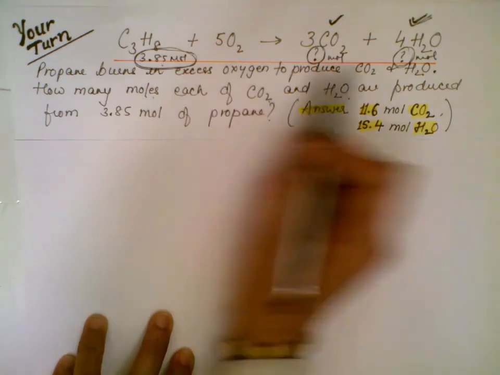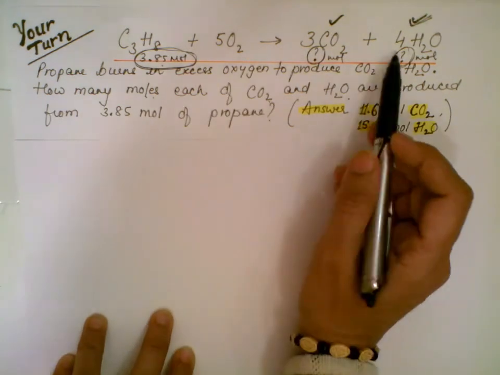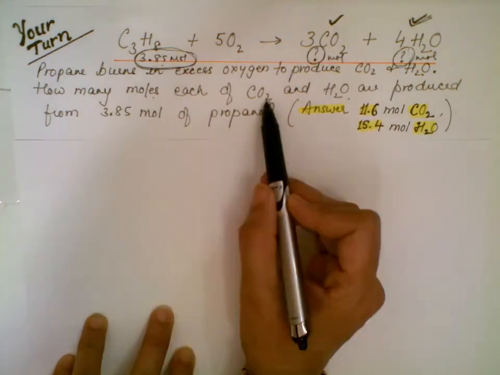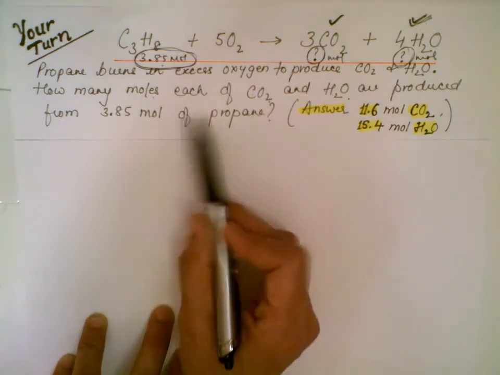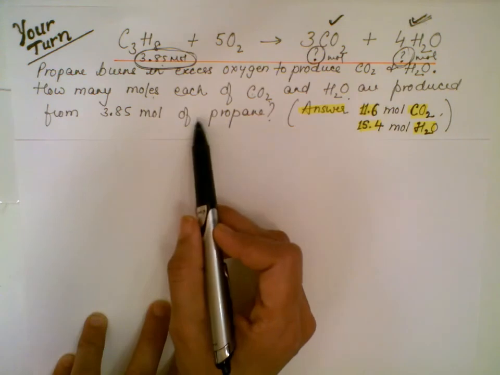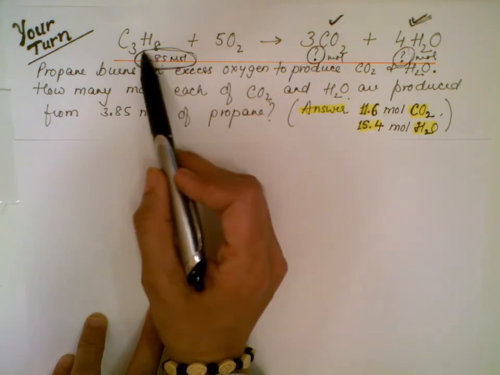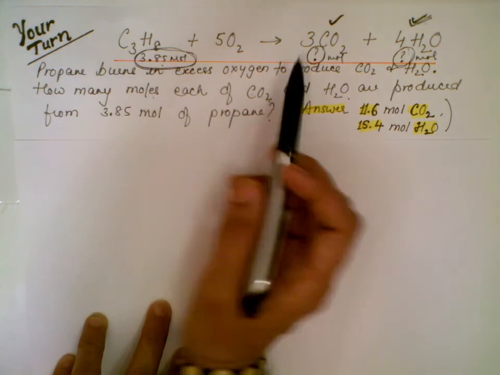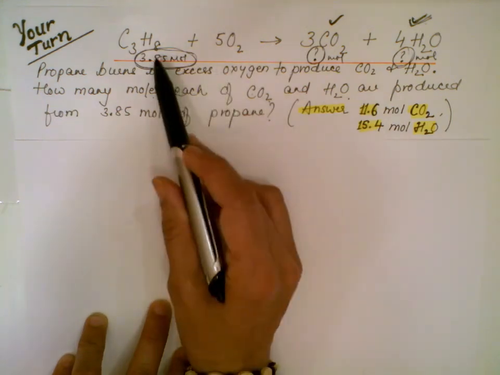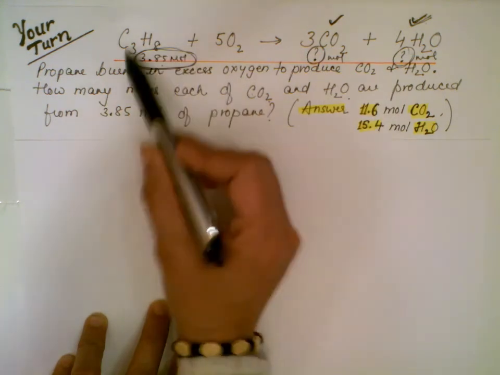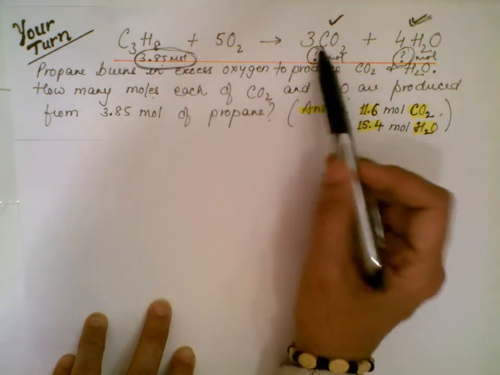From this equation, let's first figure out the moles of carbon dioxide. For moles of carbon dioxide and the moles of propane used, we are going to make an equivalent first.